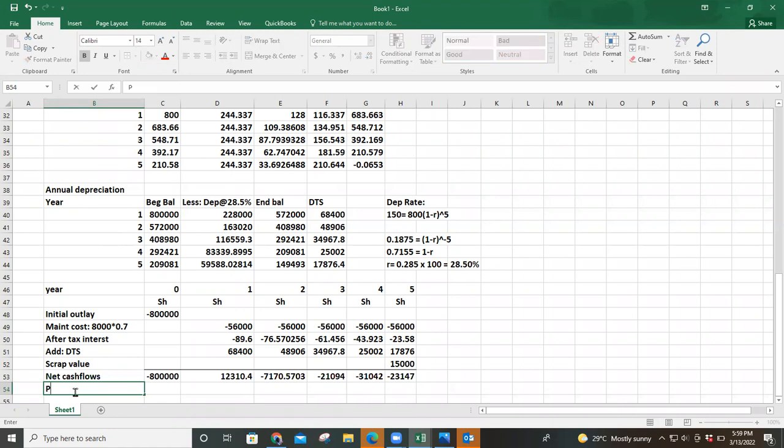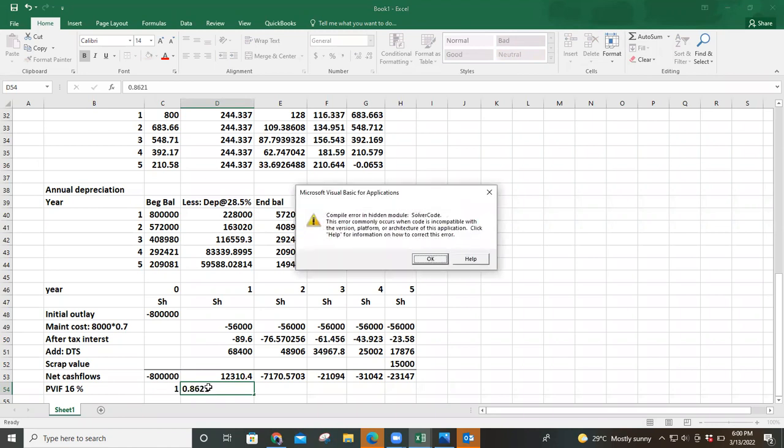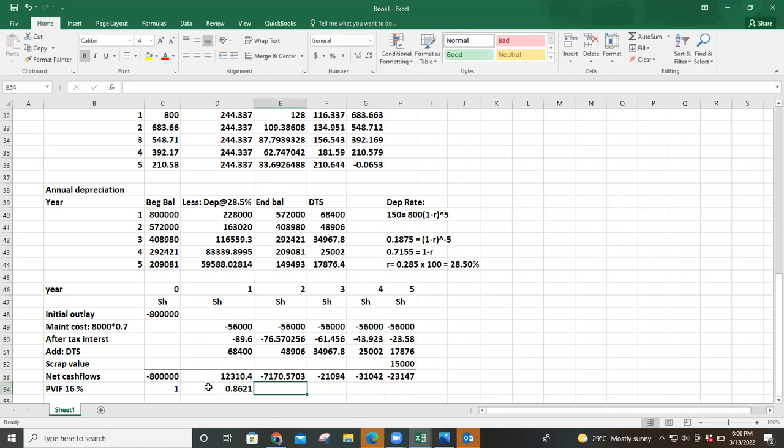Then we can put here our PVIF. The cost of capital is 16%. Year 0 is 1. Year 1 is 0.8621. Year 2 is 0.7432.